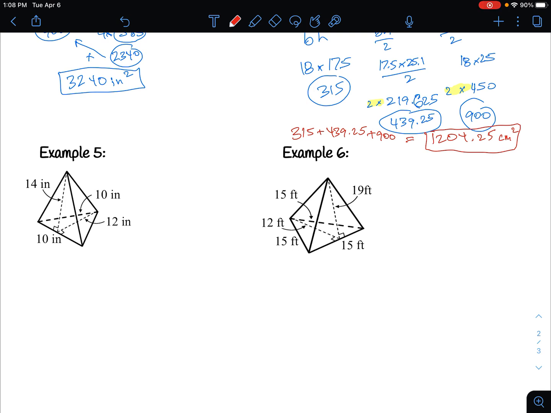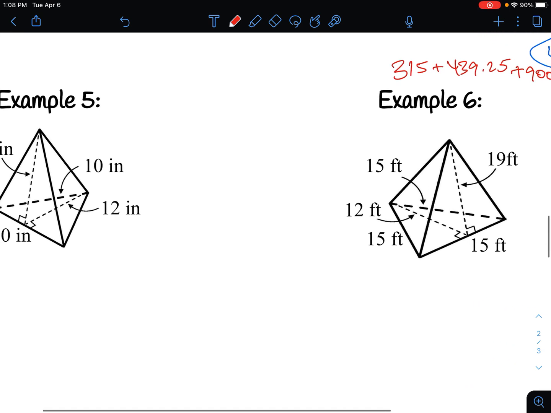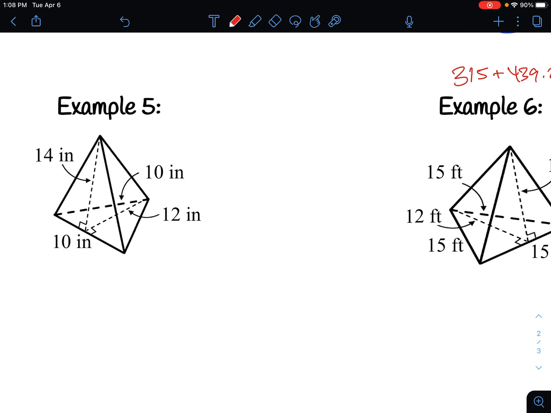What makes these difficult is it's hard to read the images. Something to keep in mind is we have 2 equilateral triangles as bases here, which means all the sides are the same. Like if this side is 10, this side is also 10, and this side is also 10. You need to keep in mind that that may not always be the case.